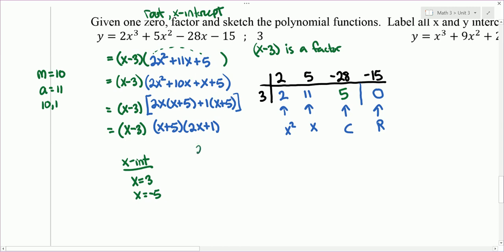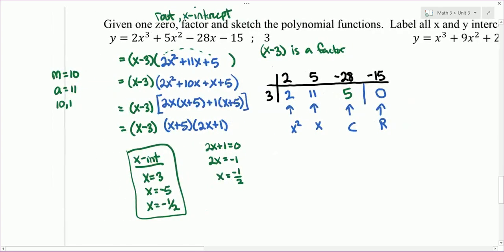To find this, you can just take the 2x plus 1, set it equal to 0, and solve. Subtract 1. Divide by 2. So you get negative 1/2. So those are our 3 x-intercepts.